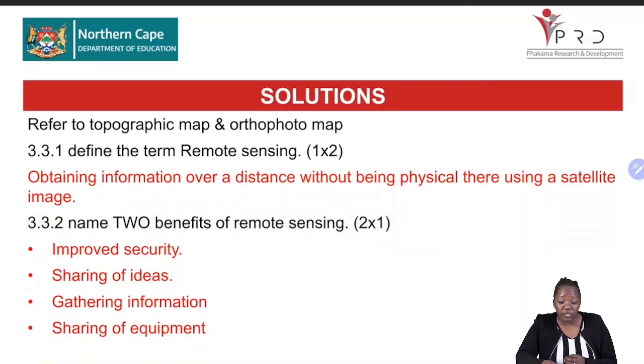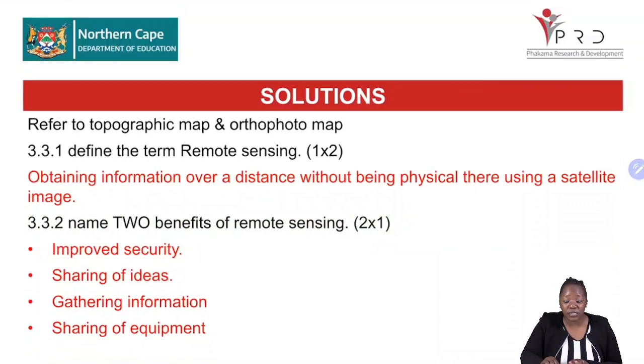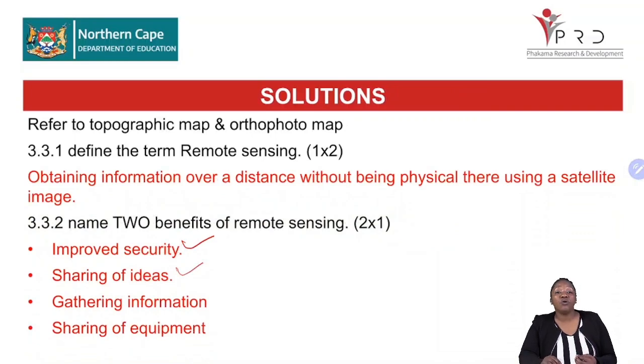Then second question, it says, name 2 benefits of remote sensing. So one of the benefits, we are talking about the improved security. Remember, we are obtaining the information using a satellite image, which is more advanced. So the improved security, the sharing of ideas, and also the gathering of information.